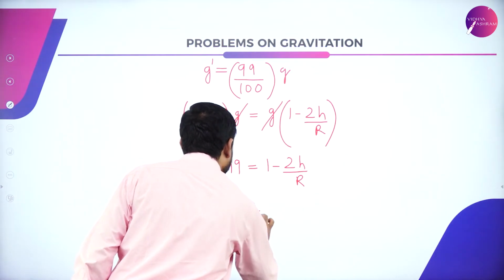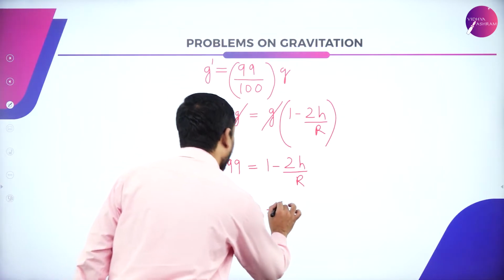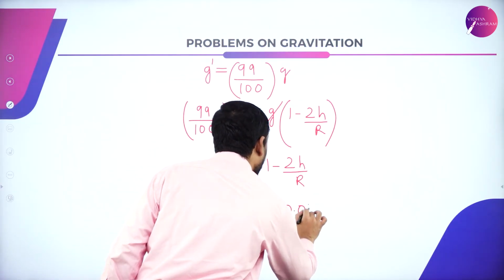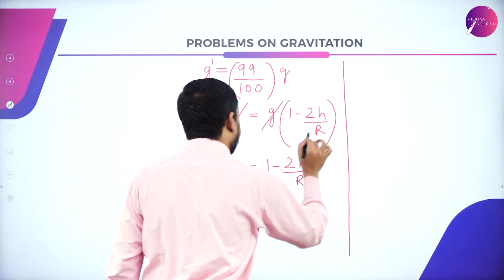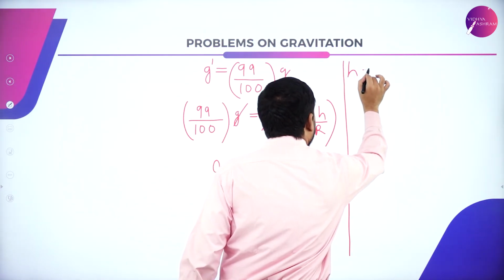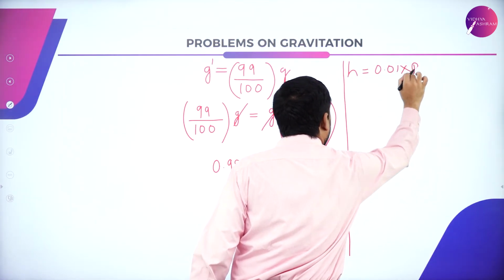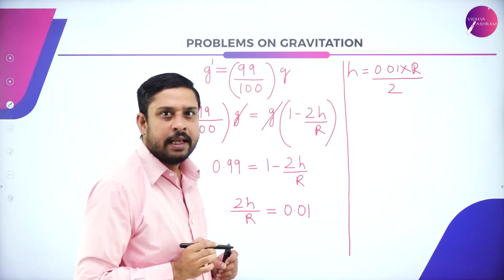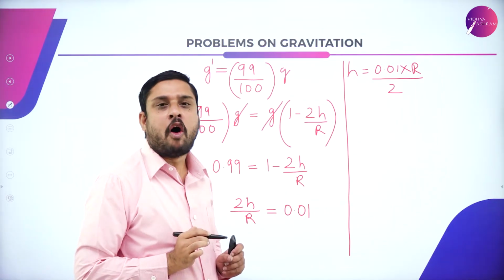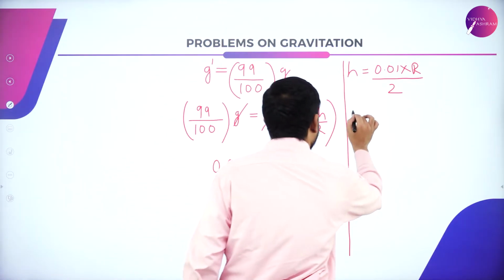Or 2h by r now becomes 0.01. I will have to calculate h, which is 0.01 into r by 2. The value of the radius of the earth is given.